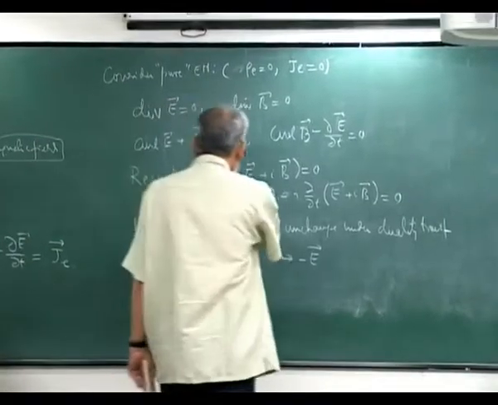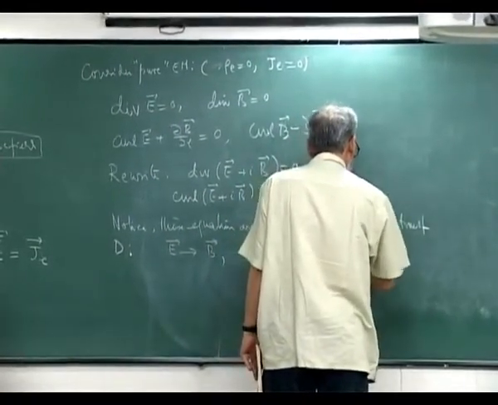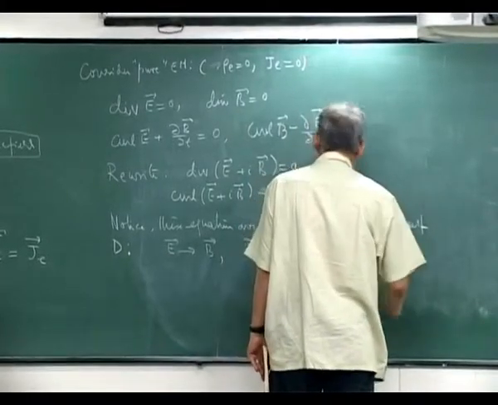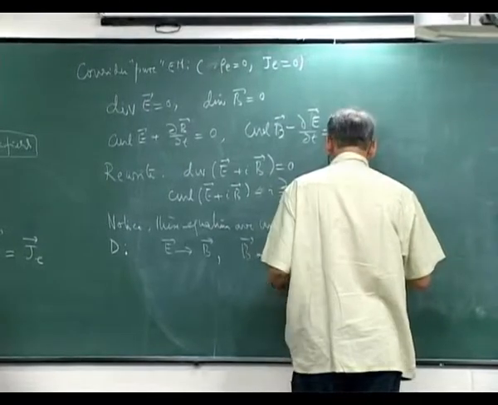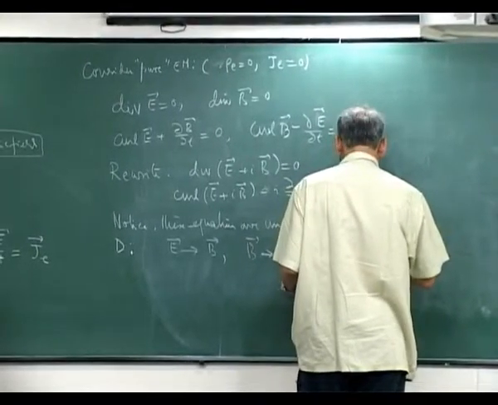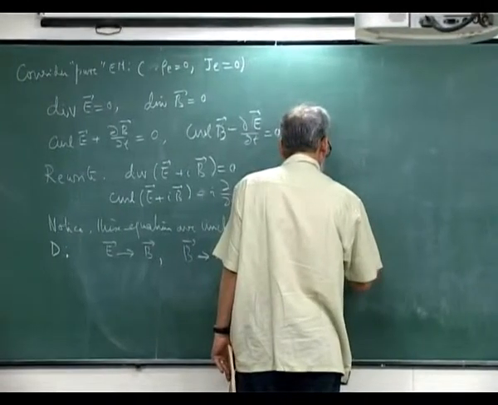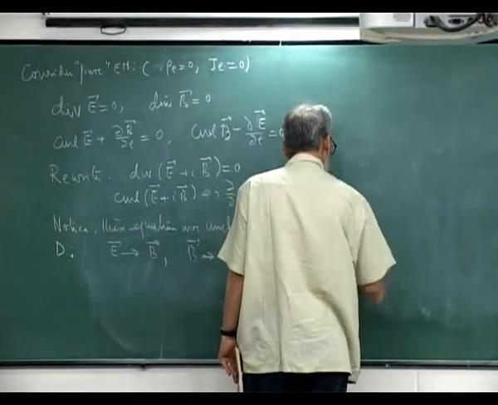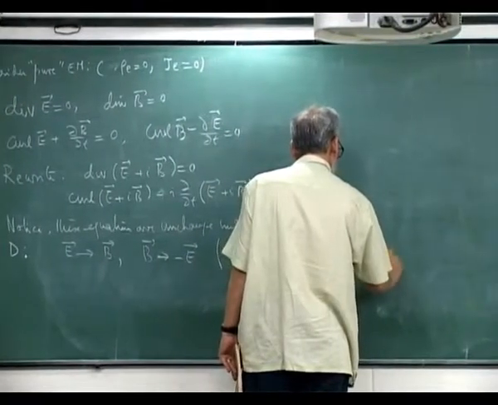Or in this combined form, I could write that E plus IB changes to B, E changes to B, and B changes to minus E, that is minus E plus IB.